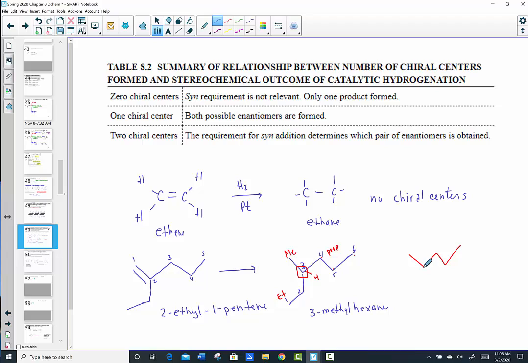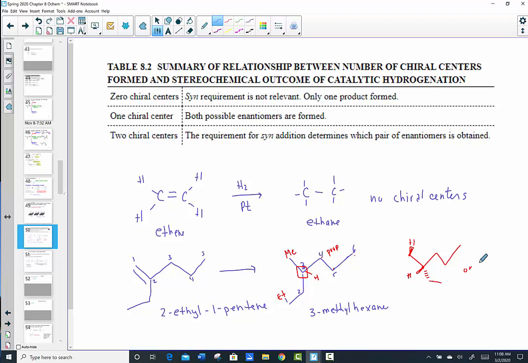Which means across the double bond in that original molecule, thinking about this carbon to this carbon, let's say the hydrogen added as a wedge here, the hydrogen added as a wedge here, meaning that the ethyl group must be a dash. That's one enantiomer.